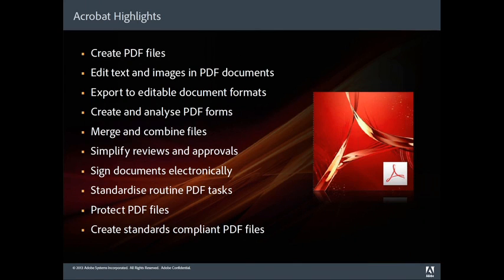The ability to edit text and images directly and natively within the documents, rather than having to find the original document, it's possible to make straightforward edits directly in PDF, and we've made it a lot better in Acrobat 11. The ability to export to editable document formats, so taking content from a PDF document and making it available to Microsoft Office applications and other applications.